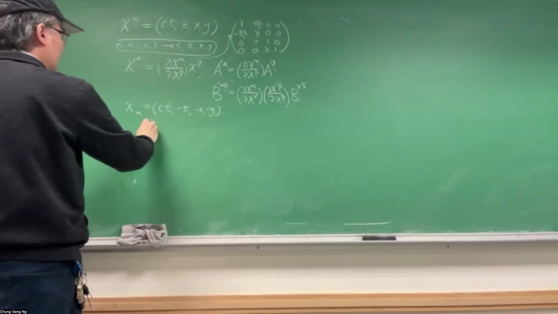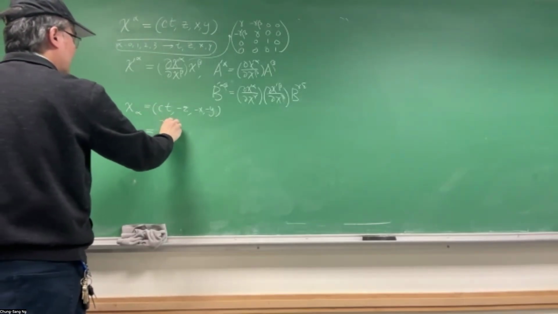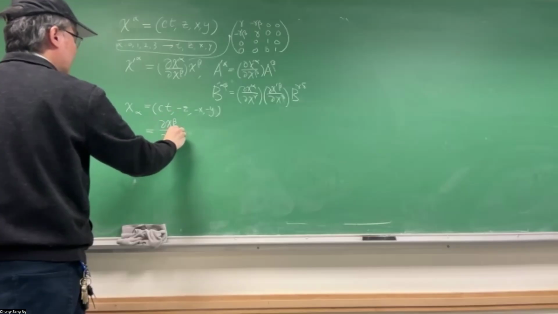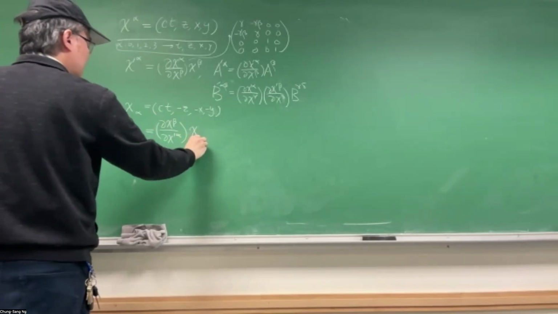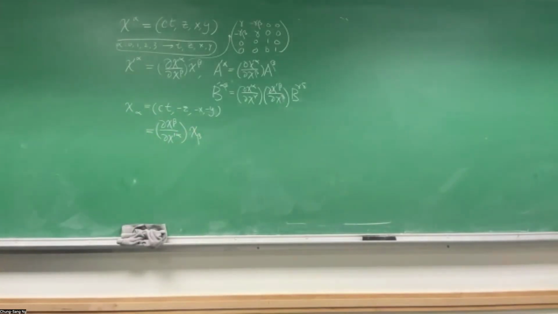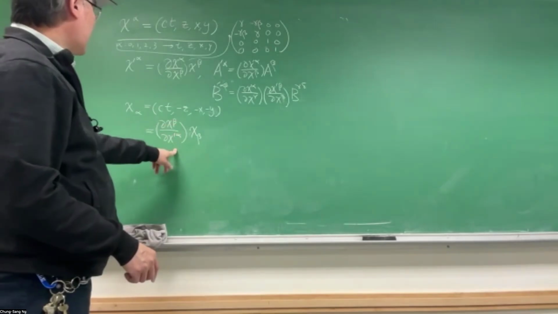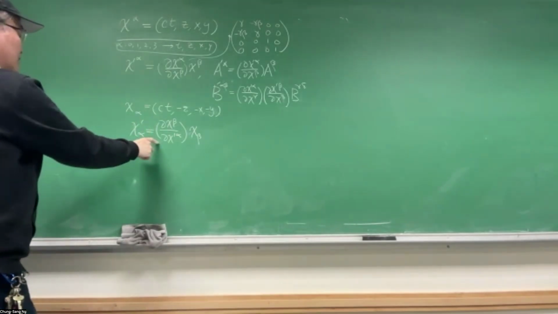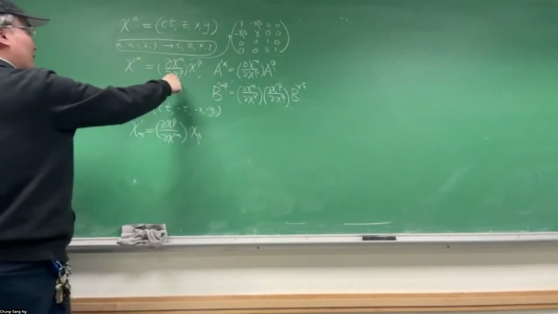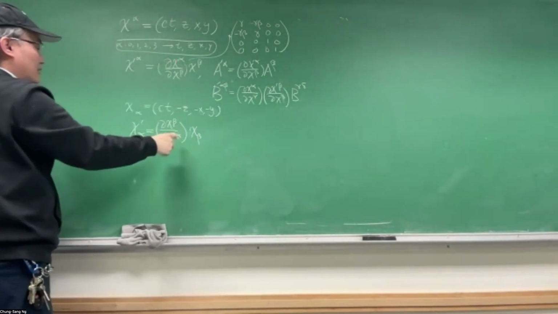If you work that out, that should be partial x^beta over partial x'^alpha times x_beta. So this is a different way of writing it: x'_alpha, with the subscript, and now you reverse the order of the derivative. This is like expressing one quantity in terms of the other, like a change of variable.